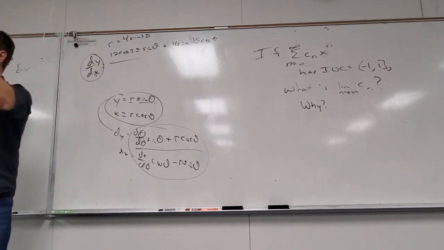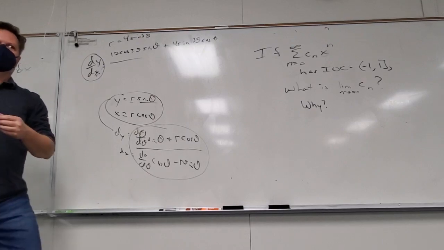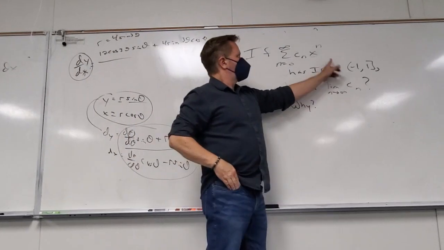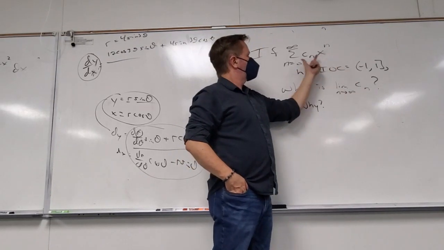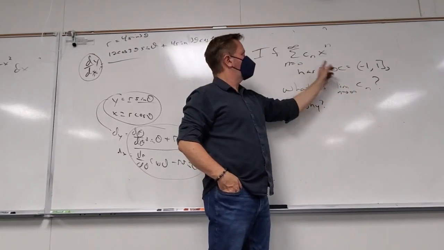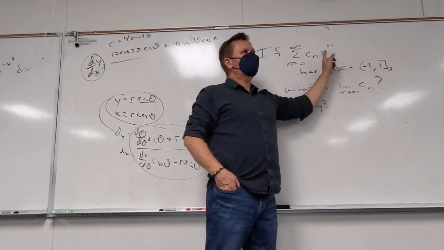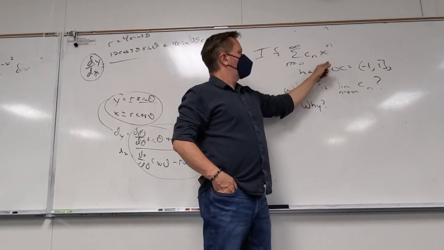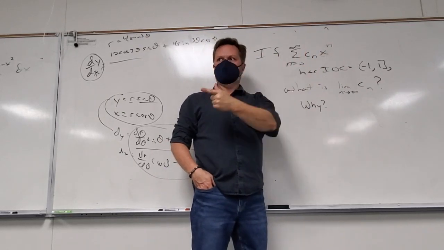Zero. Why? Because x to the n would be 1. Good. And if x was 1, I would get the sum of Cn. This converges at 1, correct? So if a series converges, the limit of what's inside of it must equal 0.